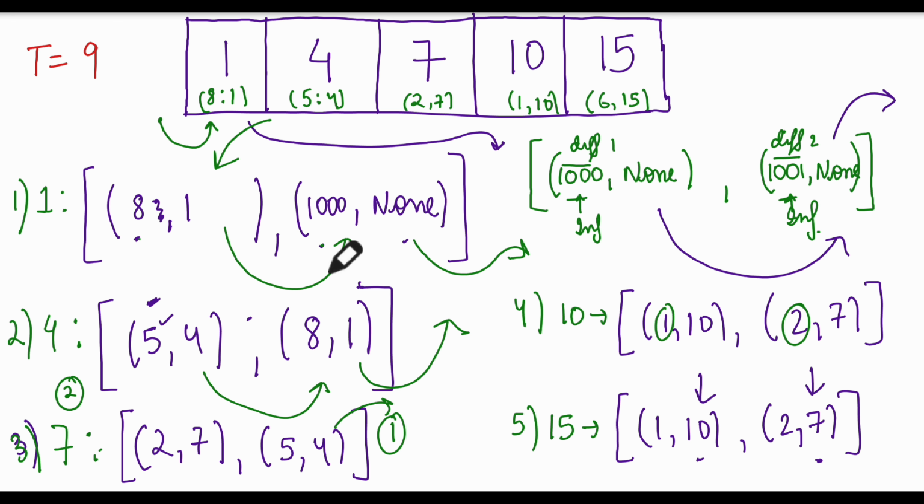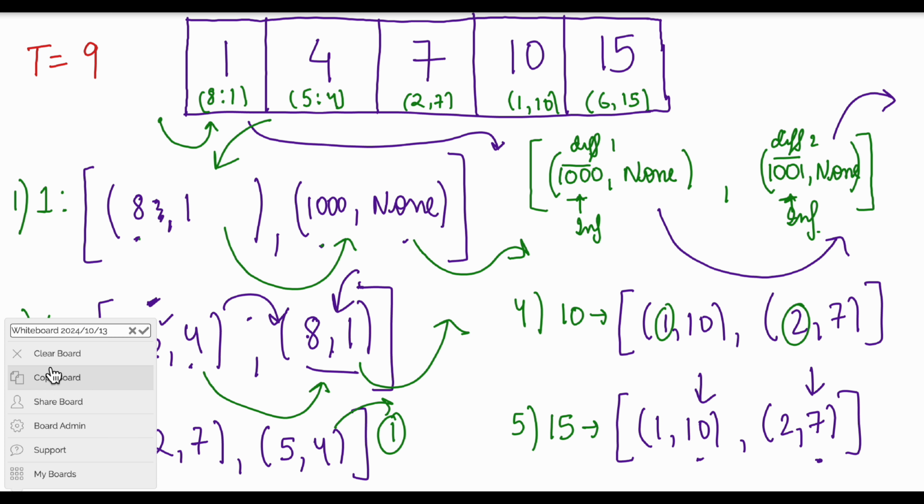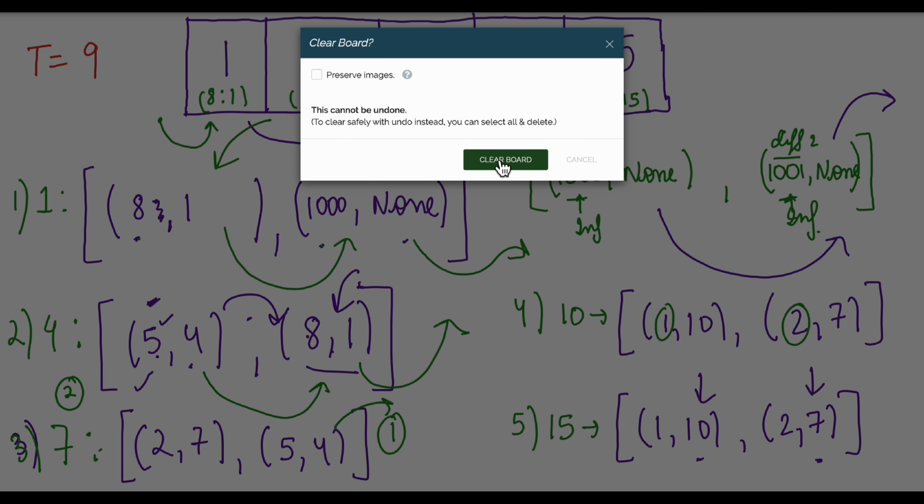So I will always say that these are my two closest elements as of now. If I encounter an element that is the closest one, I will enter it here, push this out and move it here. If I encounter an element which is greater than this, then I will push this out and move it directly here. So let us see this particular example once again by clearing the board.